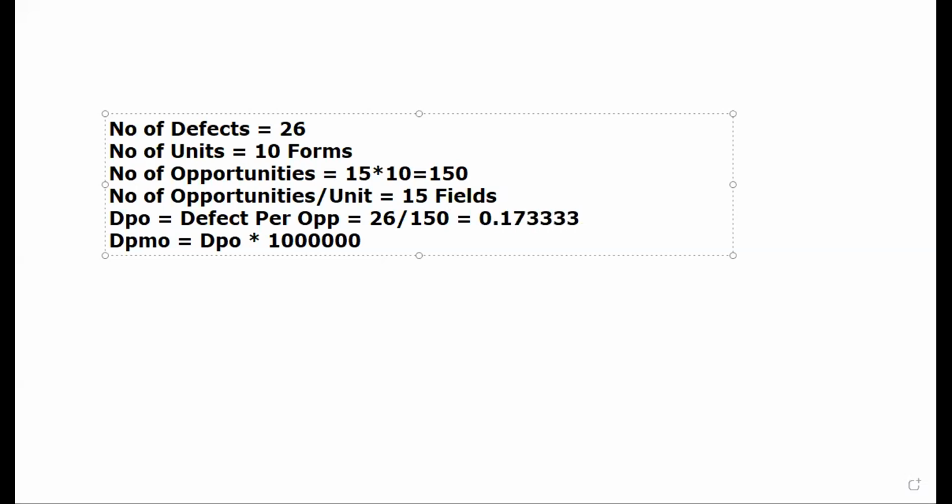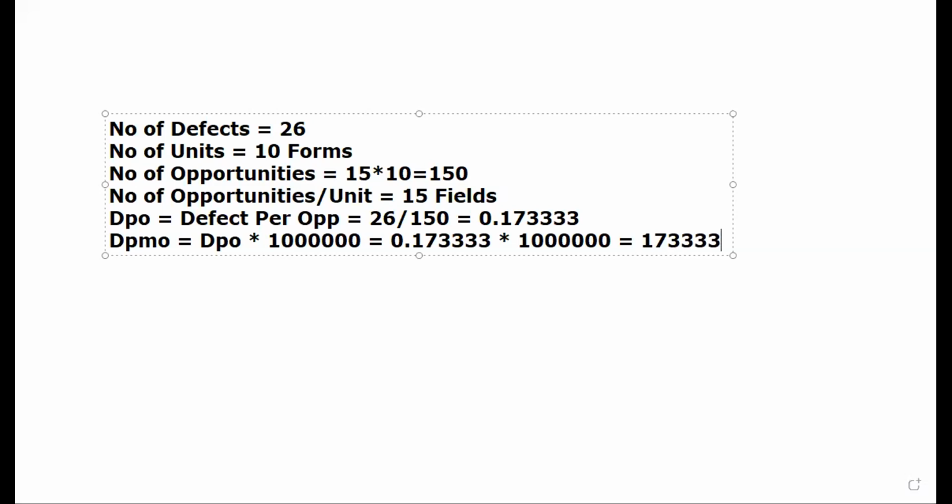This is the figure of DPO. And how much will be the DPMO? DPMO will be DPO, that is 0.173333 into 1 million, which is equal to 173333. This is the figure which comes to DPMO.